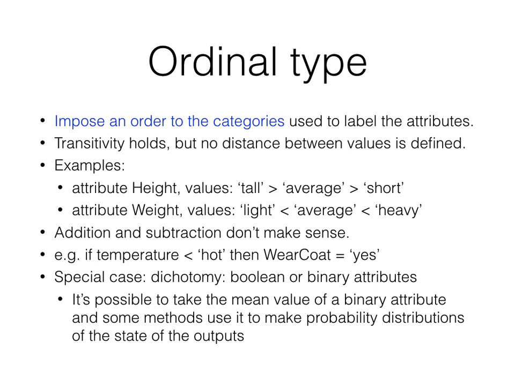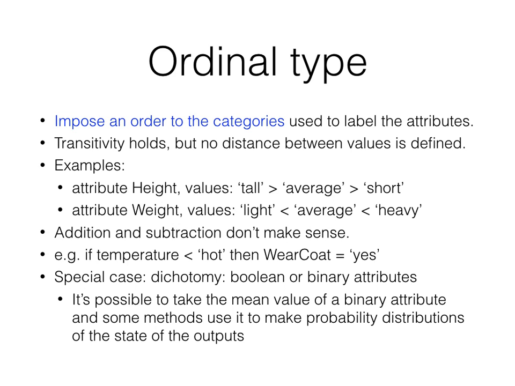We can say that tall is larger than average, and average is larger than short. But because we're using just tall, average, and short, we can't subtract them. It doesn't make sense to say tall minus average equals something, or tall plus short equals something.